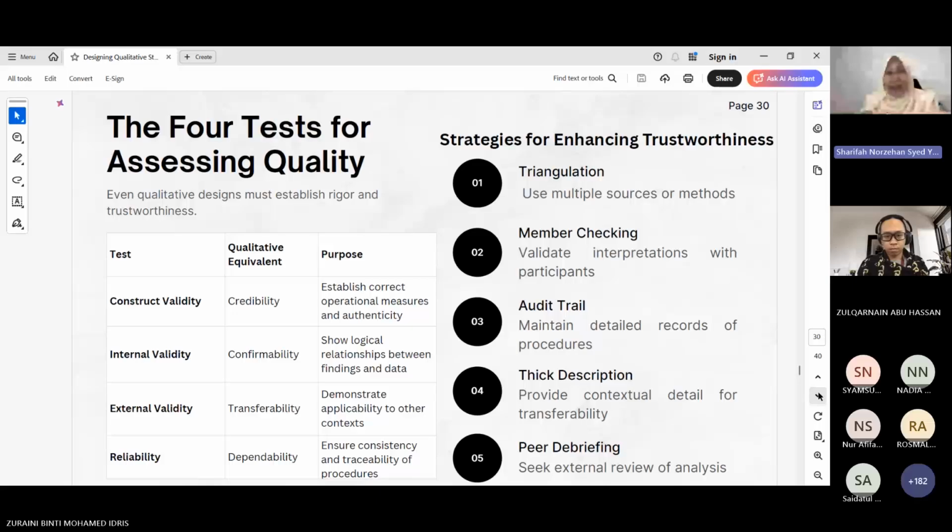Thick description, make sure you write it in detail. And then peer debriefing. Maybe you can seek external review of analysis. You can contact an expert in the area. If you are in occupational health, definitely there's someone who is an expert in looking into these certain toys for the patients.